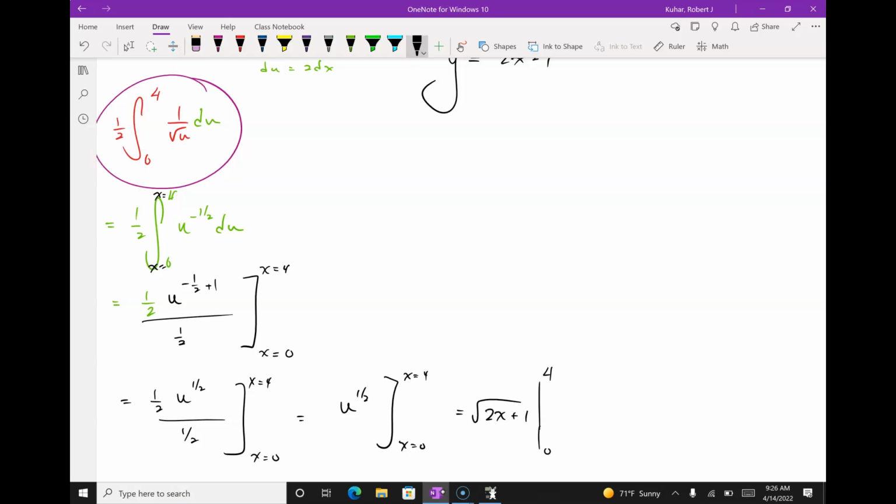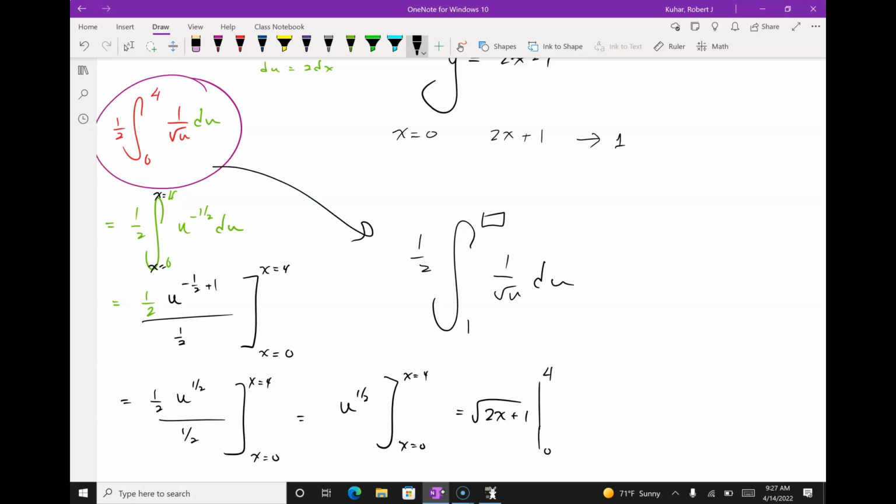So I know that at x equals 0, 2x plus 1 would give me what? Would give me 1, right? So I'm going to change my integral to 1/2 of the integral from 1 to whatever, of 1 over square root of u du.